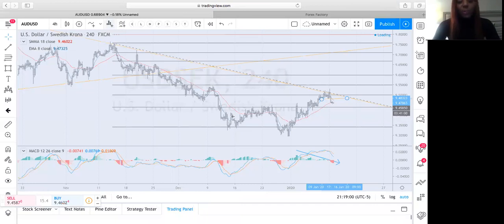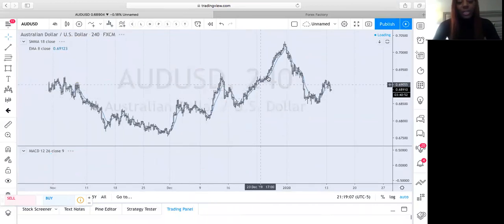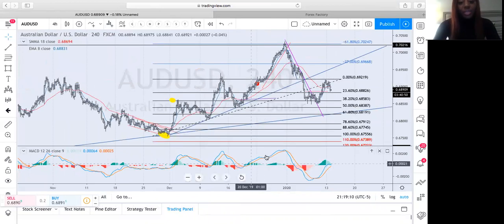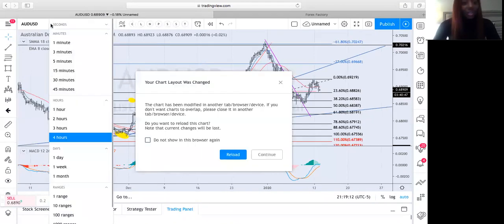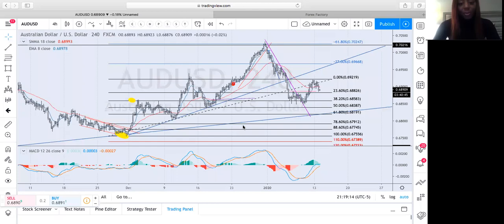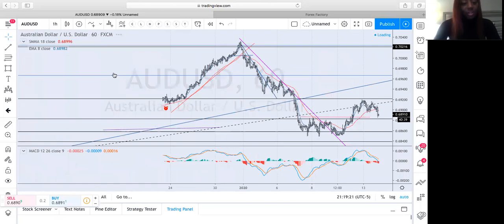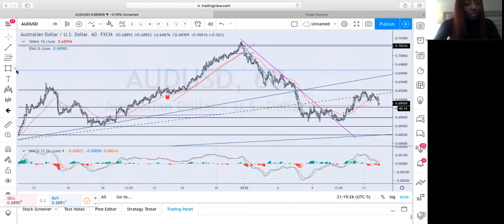We talked about this whole ascending channel up here, and then we had divergence. I think it was on a 1 hour. Let me see. Why does this keep doing this? Okay, let's see. Here. Let me get my little arrow.